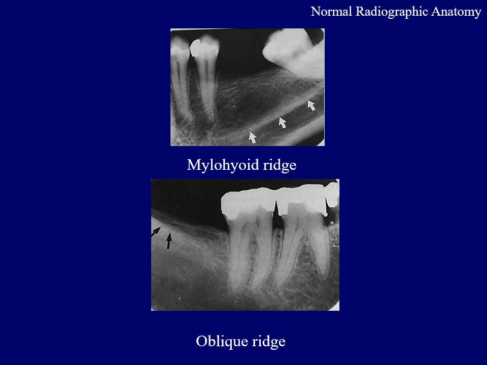The next normal landmark is the oblique ridge, which is shown within black arrows. It is a continuation of the anterior border of the mandibular ramus. This is prominent in its upper part and is placed on the outer surface of the mandible in the third molar region. This particular oblique ridge is a line of attachment of the buccinator muscle.